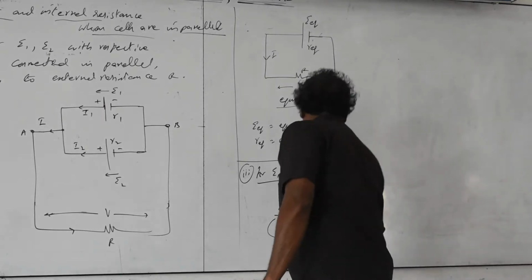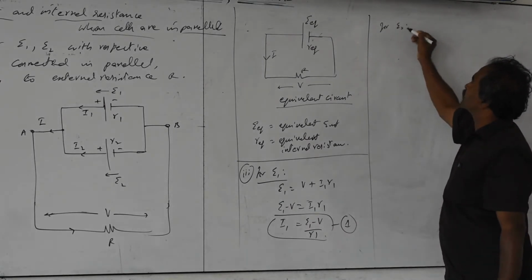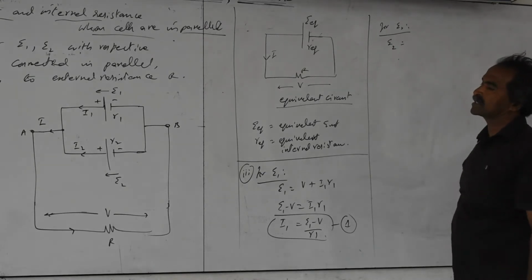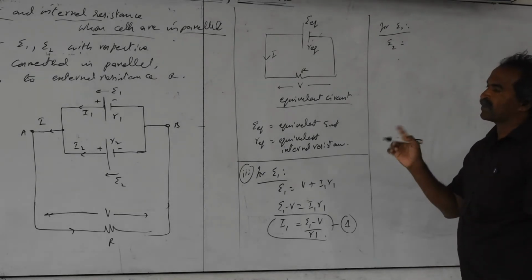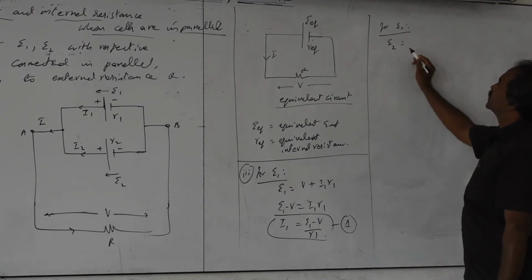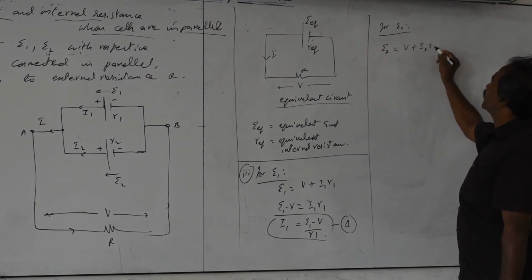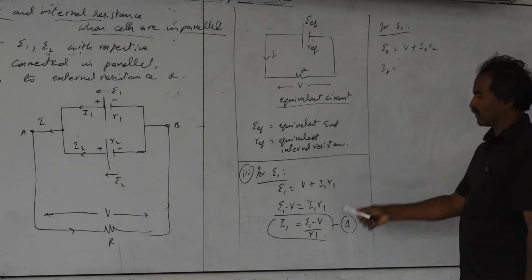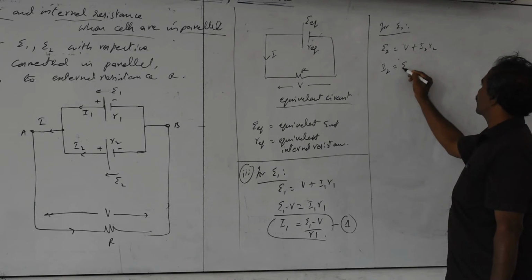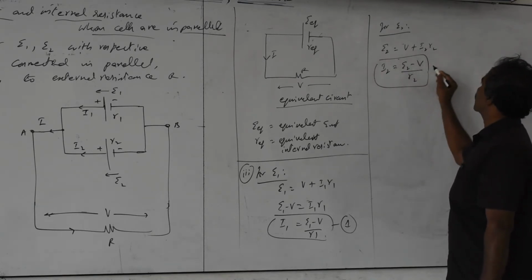For E2, the cell is sending the current out, meaning from the plus terminal current is coming out. In that case, EMF is more than terminal PD V. So E2 is equal to V plus I2R2. So I2 is equal to (E2 minus V) by R2. This is equation number 2.